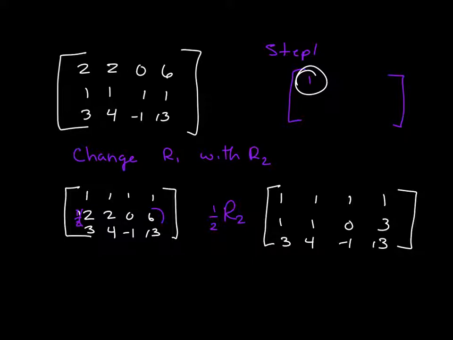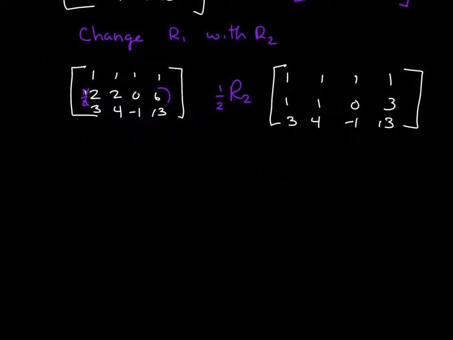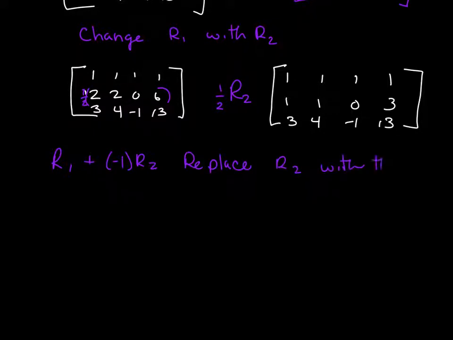My next goal with this is to turn that second spot into a 0. So row 2, column 1 needs to be turned into a 0. The way I'm going to do that is to take row 1 and add it to -1 times row 2 and replace row 2 with this.